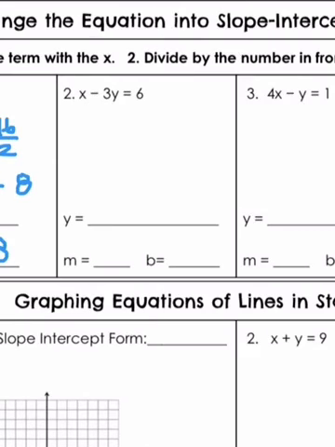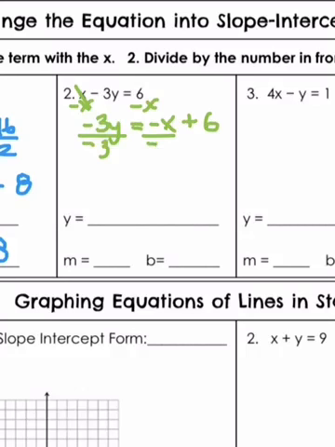All right, moving on to number 2, we're going to do the same thing. We're just going to get the y by itself. So to move the x over, that's a positive x, so we need to subtract x from both sides. Negative 3y equals negative x, that's a positive 6. Divide by negative 3.